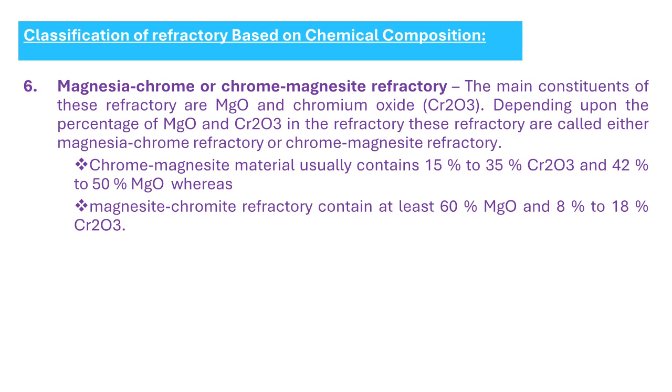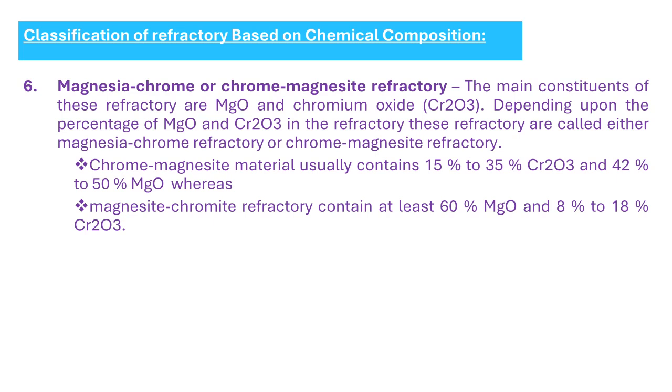What makes these refractories special is that they combine the excellent slag resistance of magnesia with the superior thermal properties of chromite. This makes them ideal for extremely demanding conditions, such as furnace linings and other critical parts of steel-making furnaces. One important note: chromite-containing materials can leach chromium under certain conditions.